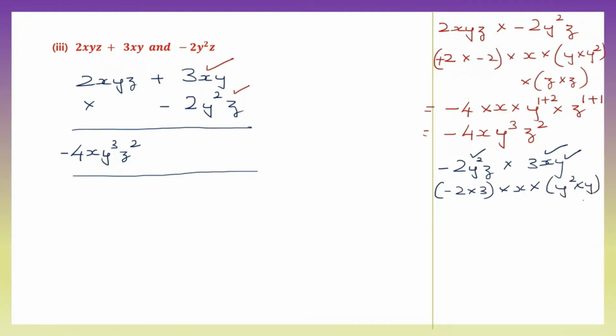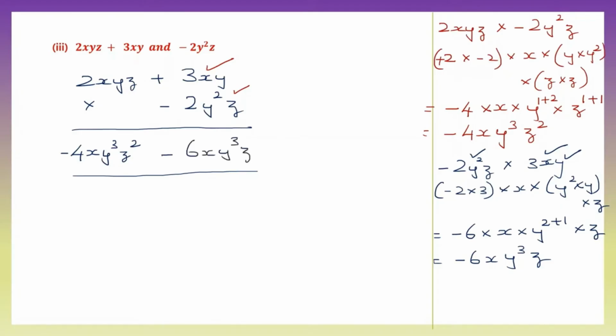And then we have only one z. Let's multiply the numbers first. Minus 2 into 3 is minus 2 3's are 6, into 1x into y to the power of 2 plus 1 into z. So this becomes minus 6x y to the power of 3 and z. So it is minus 6x y to the power of 3 and z.